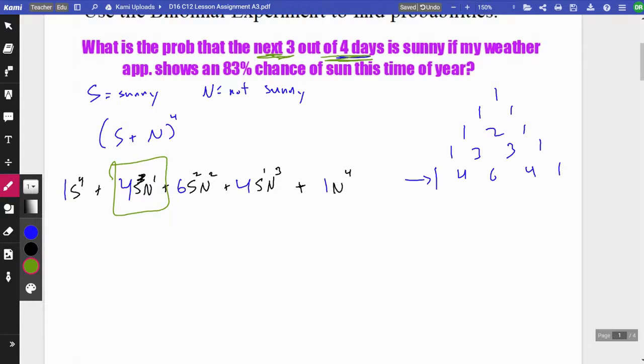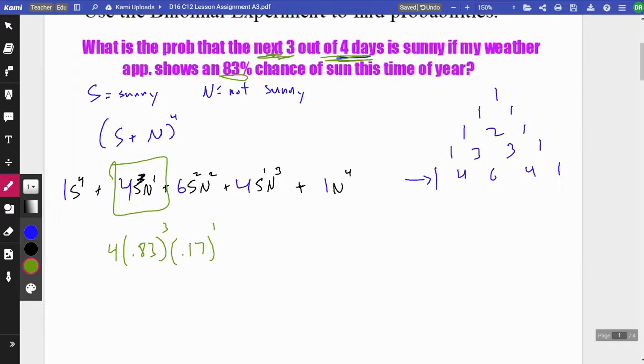And what's the probability? Well, we have the fact that it's 83% chance of sun. So really, we would say this is 4 times 0.83 to the 3rd, times 0.17 to the 1st. Okay, and I just got 0.17 because if it's an 83% chance of being sunny, that means it's a 17% chance of it not being sunny.